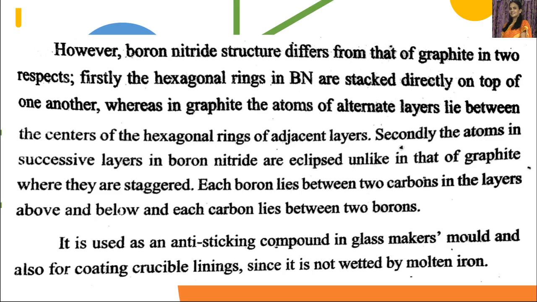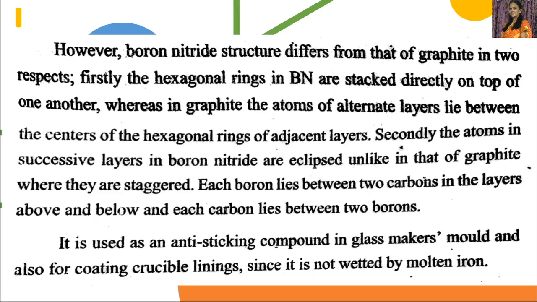One boron atom of the first layer is exactly behind the boron atom. In graphite, carbon atoms are staggered, and each carbon lies between two carbons in the layers above and below.